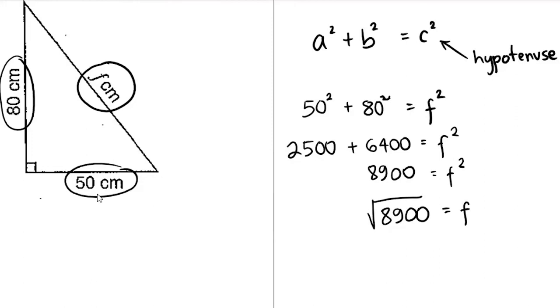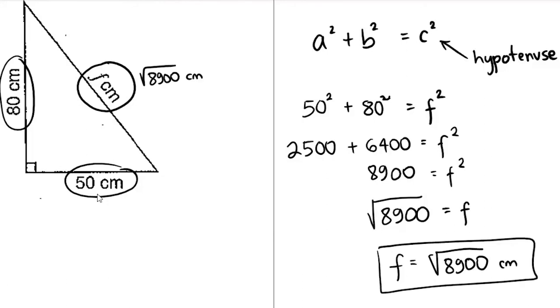If you put these numbers in your calculator, you will get decimal numbers. So leave the answer in surd form because it is the exact value. So f, leave it as the square root of 8900 centimeters. This is how we solve this problem using Pythagoras' theorem.